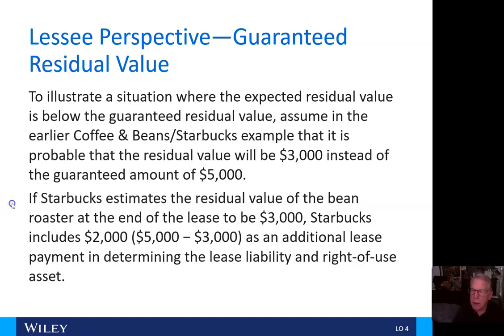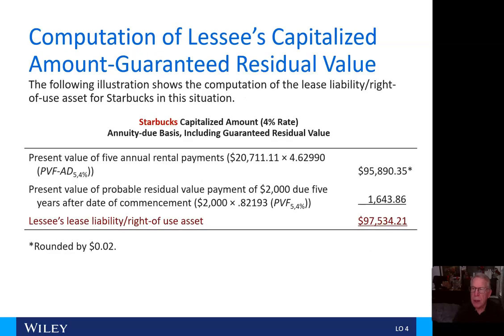So, if Starbucks estimates the residual value of the bean roaster at the end of the lease to be $3,000, Starbucks includes $2,000, that's $5,000 less the $3,000 residual value, as an additional lease payment in determining the lease liability and right of use asset.